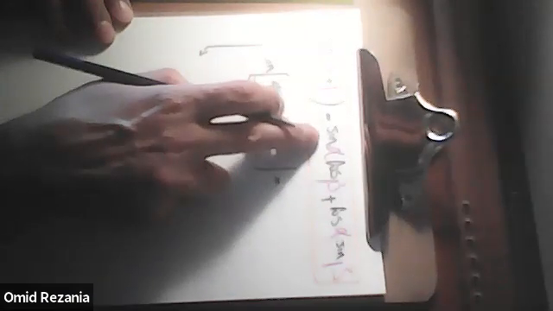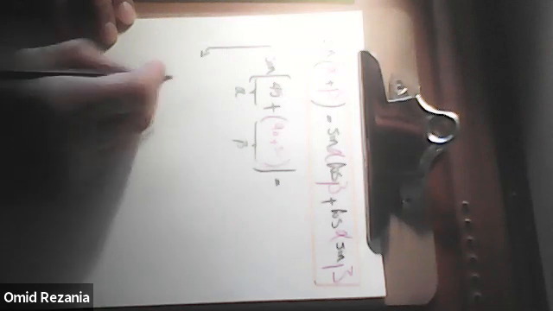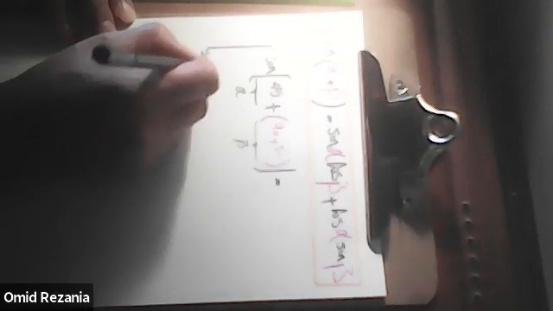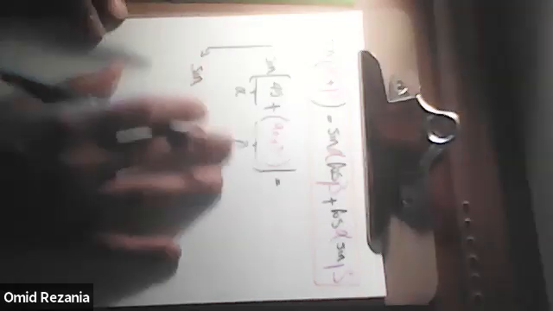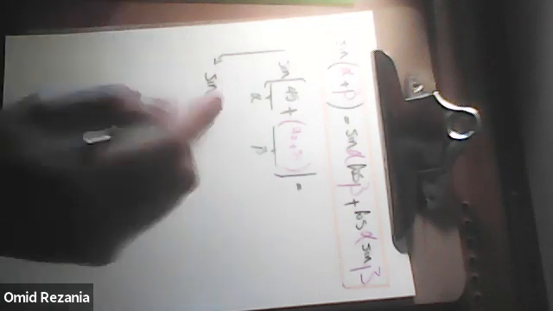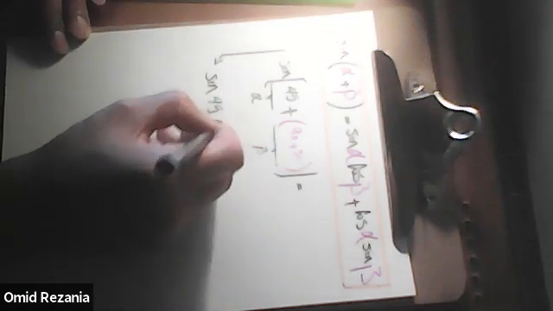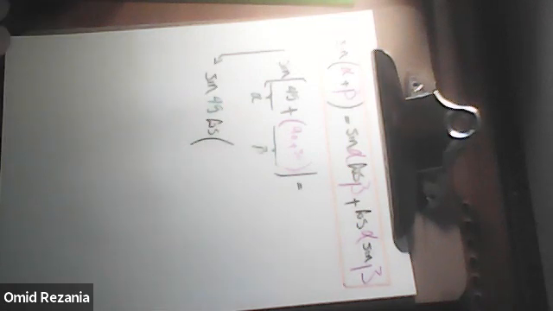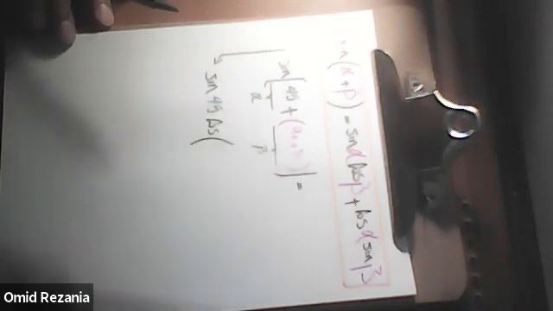If I use this formula, what do I get? The first one becomes sine of the alpha. What is my alpha here? 45. That's right. It means that becomes the sine of 45 times cosine of beta. What is my beta? 90 plus 30.